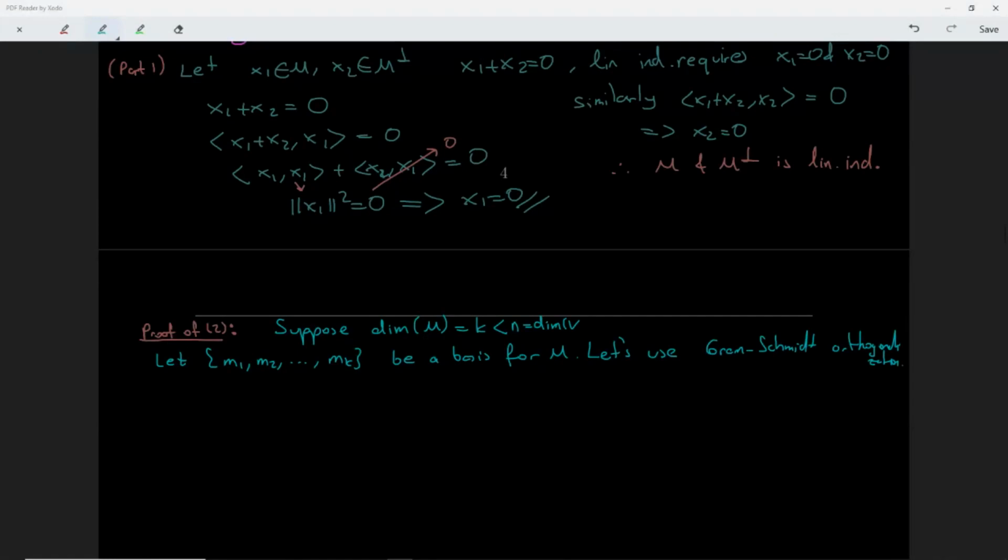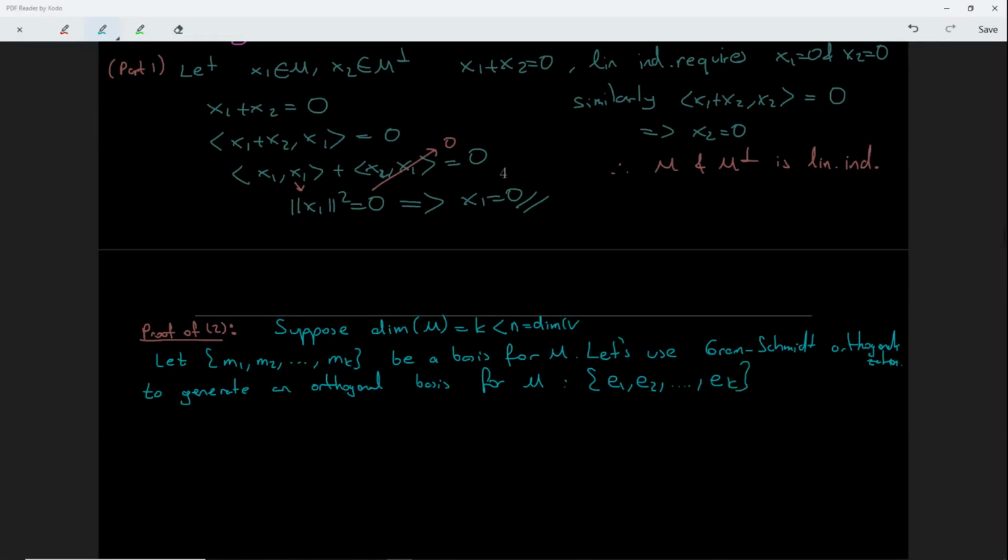Sorry for my bad writing. To generate an orthogonal basis for M, such that it's composed of these vectors e1, e2, up to ek. Okay.